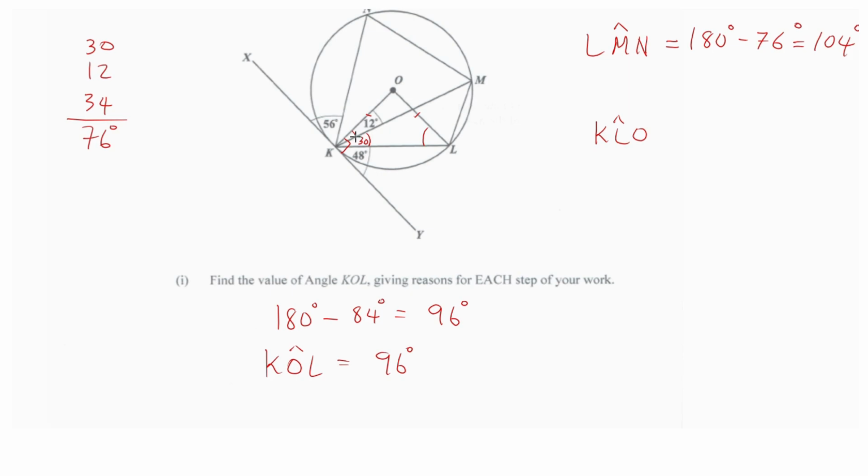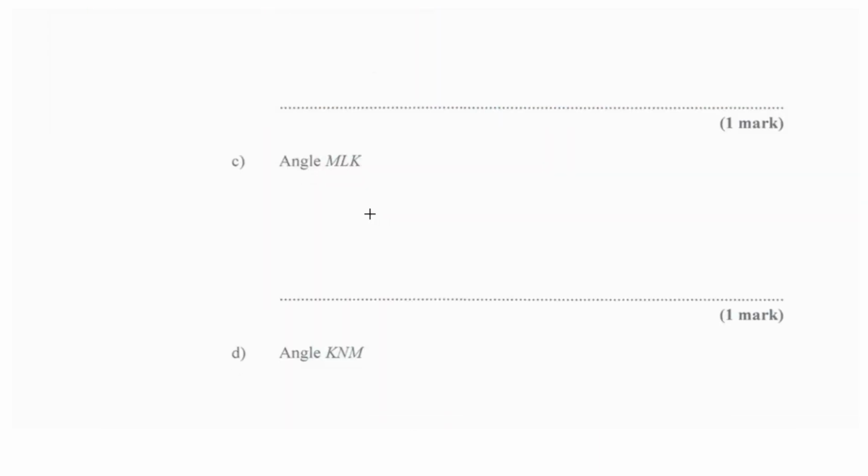The isosceles triangle KOL has base angle 30 plus 12, and that's 42. So this angle is 42 degrees. So KLO is 42 degrees. And we can just say base angles in an isosceles triangle are equal. So KLO equals 42 degrees.